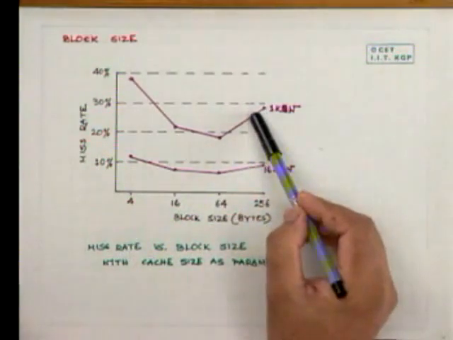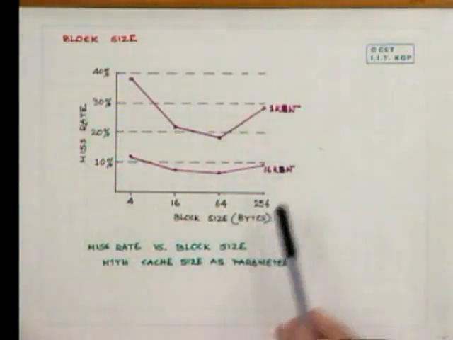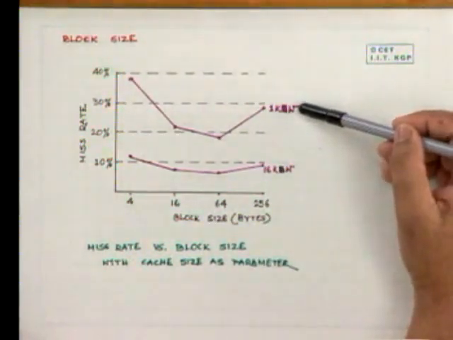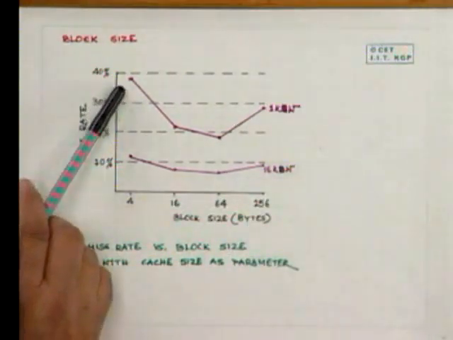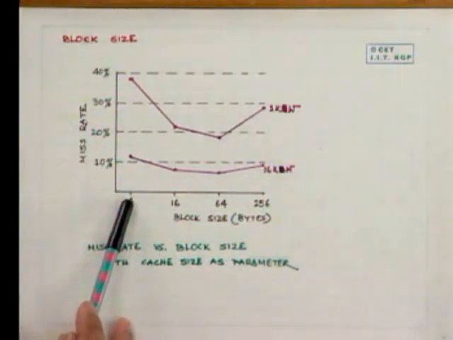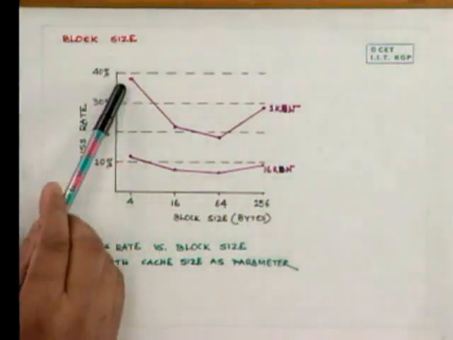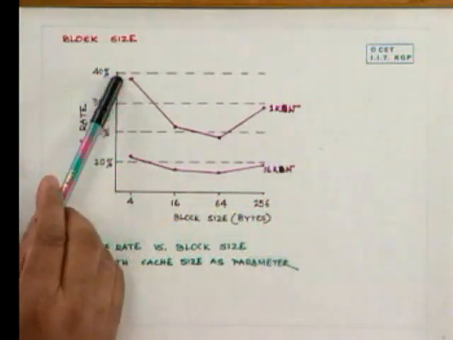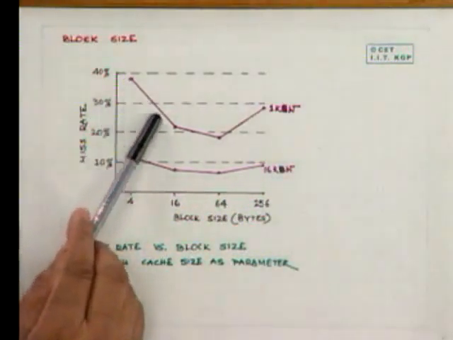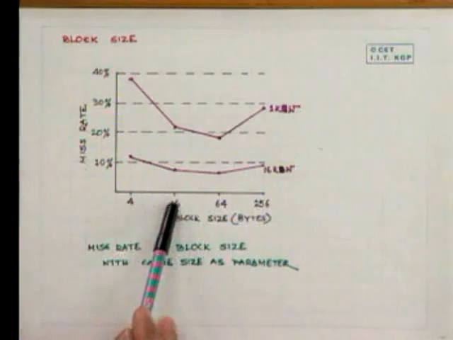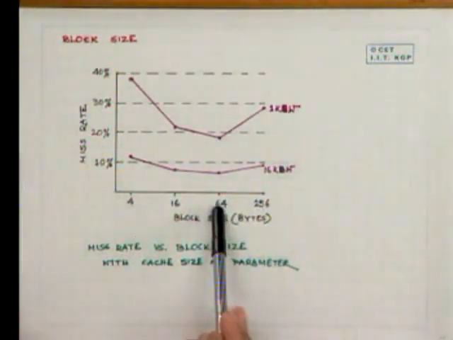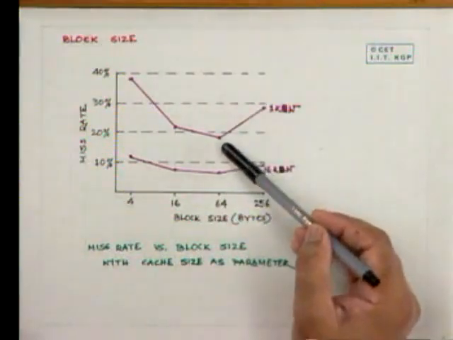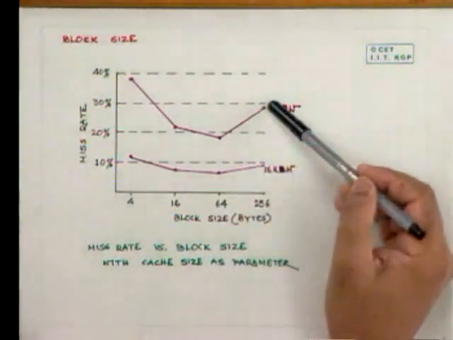This is more pronounced when we take the cache size to be lower. If the cache size is 1 kilo word, the miss rate was nearly 40% when the block size was 4 byte. It decreases quite substantially if the block size is increased, decreases further if the block size is increased to 64 bytes, but increases if the block size is increased to 256 bytes.